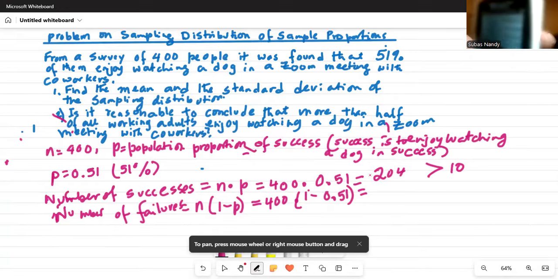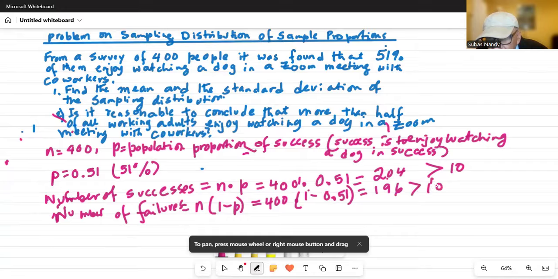This is the proportion of people who do not enjoy watching a dog in a Zoom meeting. And 400 times 0.49, or 400 times (1 minus 0.51), is equal to 196. That is also greater than 10.